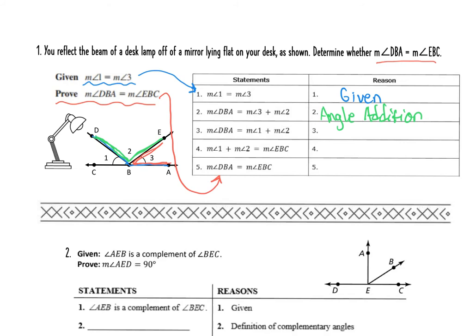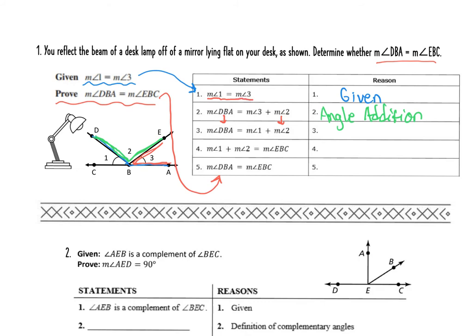So let's look at number 3 then. Statement 3 says that the measure of angle DBA, which is the same from above, equals the measure of angle 1 plus the measure of angle 2. Okay, so this one's not as obvious. You have to use some clues. I would look at the prior statements that you have here. You see that from here to here, this stayed the same. From here to here, this stayed the same. The only thing that changes is the measure of angle 3 becomes the measure of angle 1. So you have to ask yourself, why are we able to do that? And you should look up here.